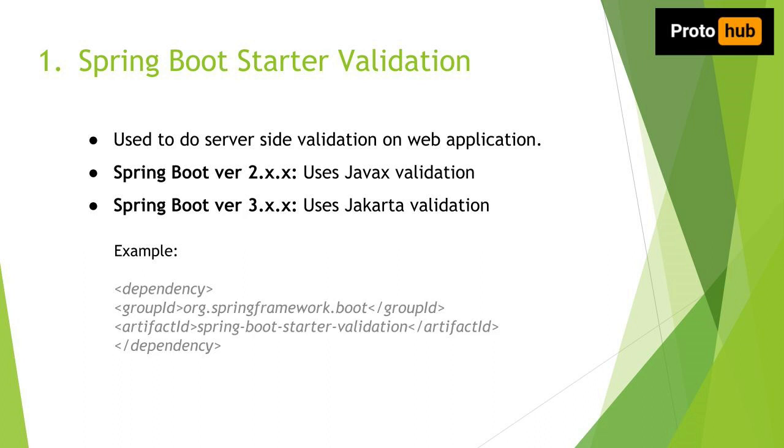So the server, which means the application, has to validate that request. For doing that, there is a dependency. This is the dependency which is used to do the same, Spring Boot starter validation.